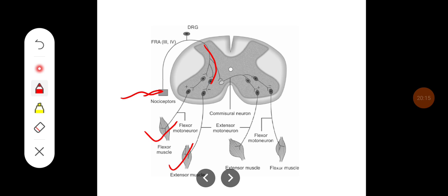And if the stimulus is strong, it is going to irradiate and cross to the opposite side of the spinal cord, where they are going to inhibit the flexor group of muscles of the other limbs, and they are going to facilitate the contraction of the extensor group of muscles. Which ultimately will be helpful in the balance of the body.